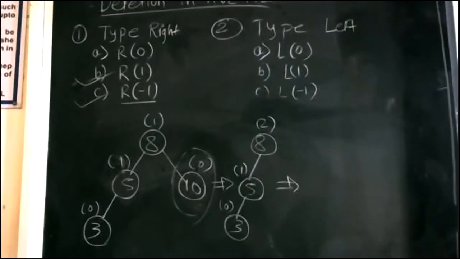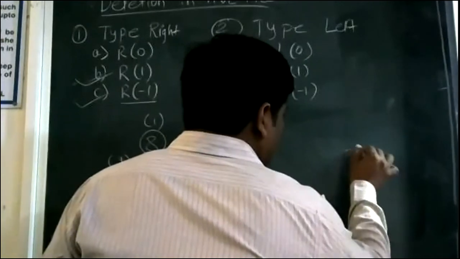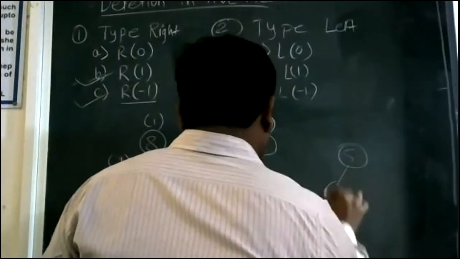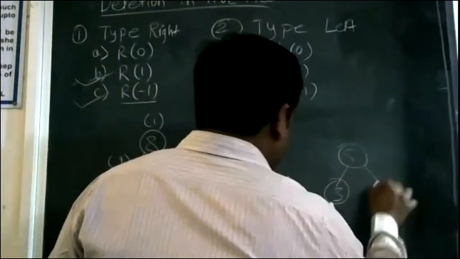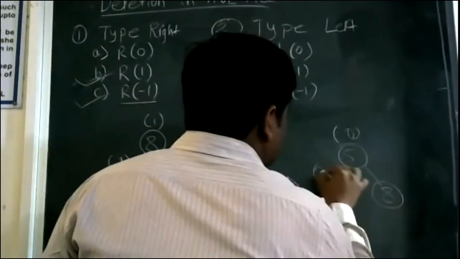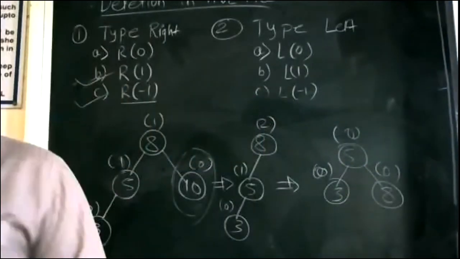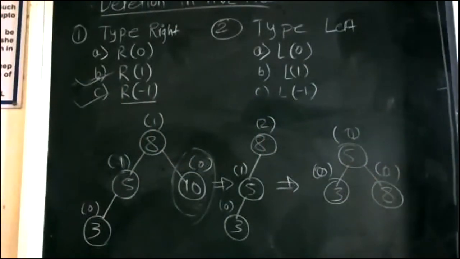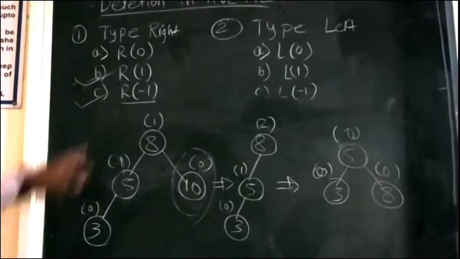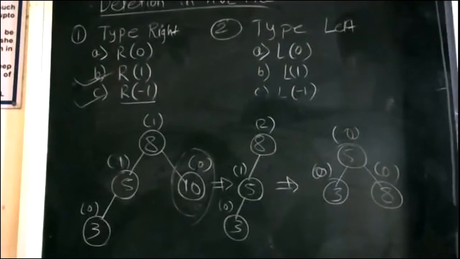Right rotation. So 5 will take the ownership of 8, and here 3 is at left and 8 is at right. 0, 0, and 0. Now this type of deletion is called which type? R of 1 type, right?